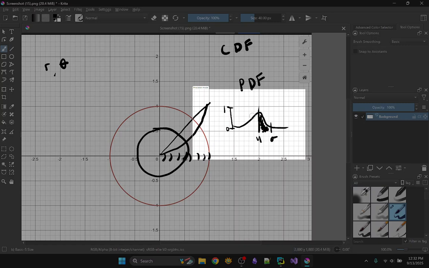It's meant to give you the individual probability of a certain point. So if I go to this point on the normal function, that's supposed to represent this point's likelihood of being chosen. But it doesn't really.